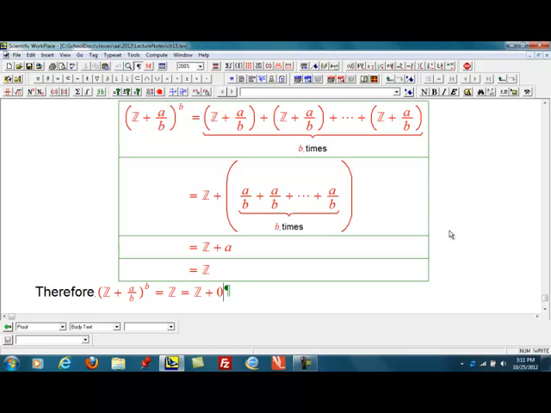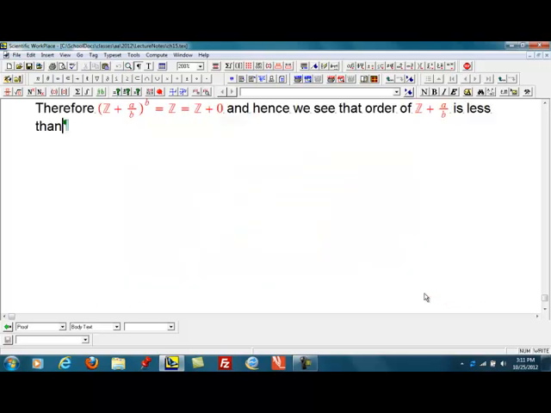That's our identity set in our set of cosets. So the order of our coset Z plus a over b has to be less than or equal to b. It could be that there's a smaller integer that works to cancel it.